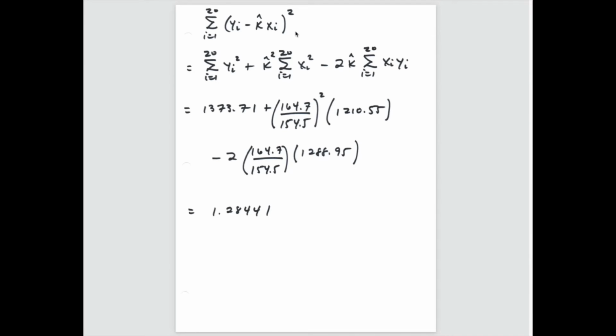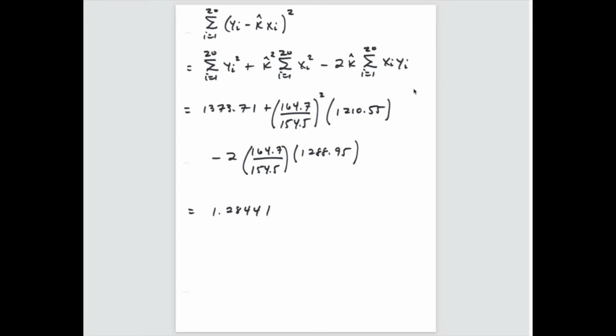And that's going to be a bit tedious, but we can re-express this in this equivalent way. The sum of the squared y values, the sum of the squared x values, and then we have the sum of the products of the x's times the y's. You can see here we have to multiply the sum of the squared x values by the square of k hat, and we have to multiply the sum of the products of the x's times the y's by 2 times k hat.